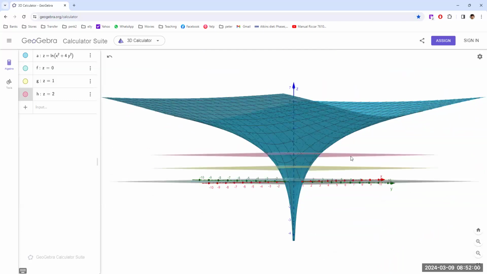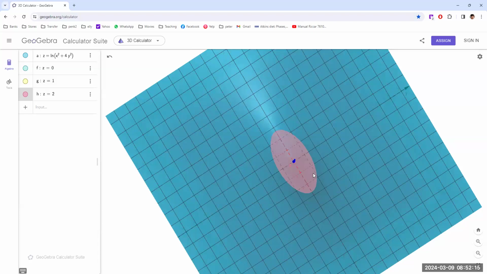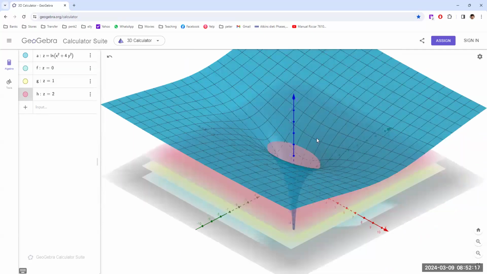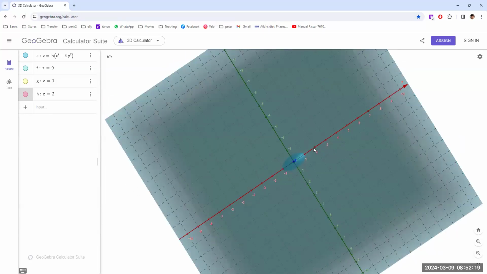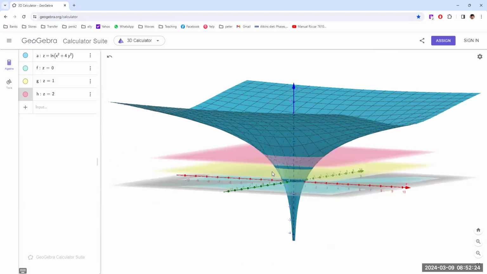Notice that the curve is being cut by three level curves, three flat z equals constant curves. The one we see on the top is c equals 2, the one at the bottom is when c equals 0, and the middle one, the yellow color, is c equals 1.